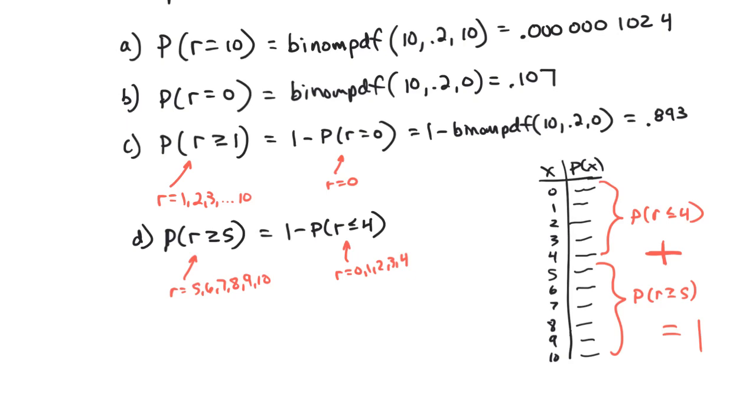Okay, so what we're going to do is go 1 minus binomial CDF NPR. Remember, CDF, start at 0, go up to and including 4, which gets all of these. You go 1 minus that. And when you do that, this by itself is about, let's see.